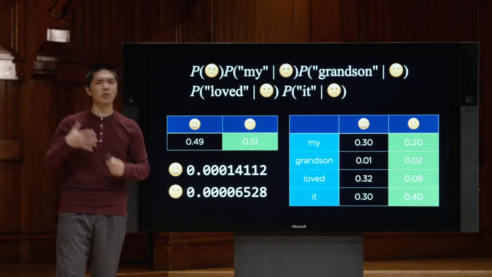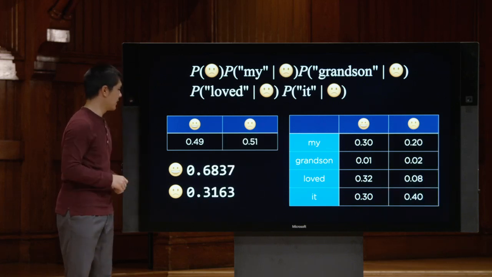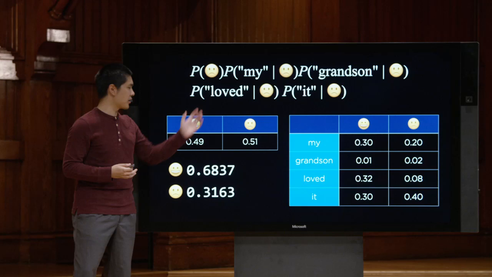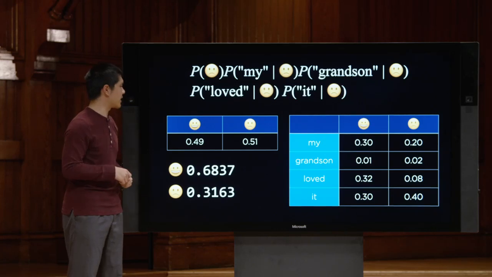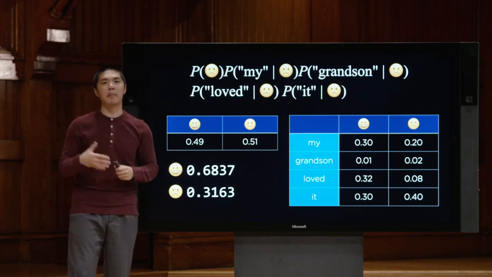Now these values don't sum to 1. They're not a probability distribution yet. But I can normalize them and get some values. That tells me that we're going to predict that my grandson loved it. We think there's a 68% chance, probability 0.68, that that is a positive sentiment review, and 0.32 probability that it's a negative review.